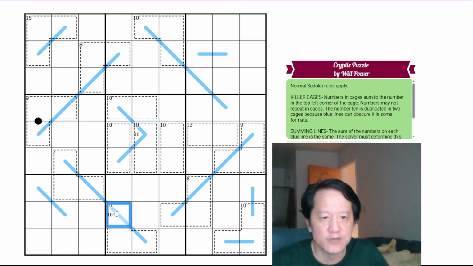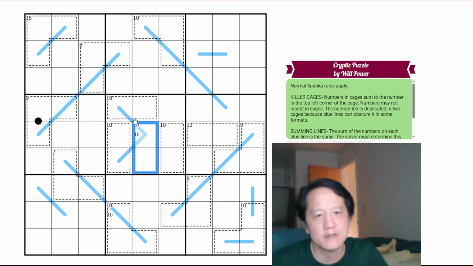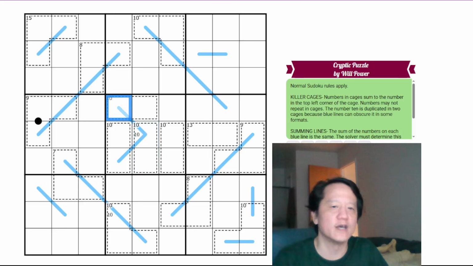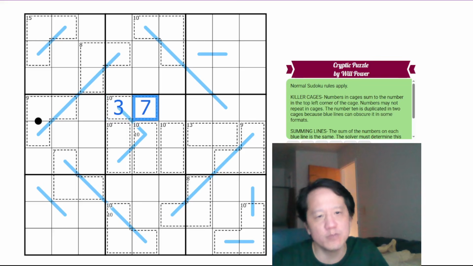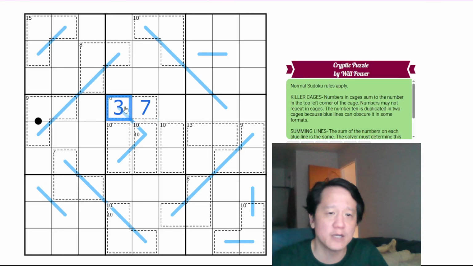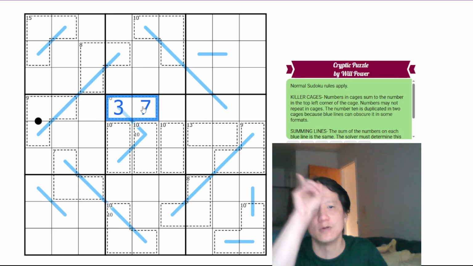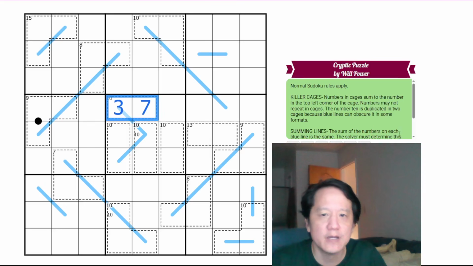So this is given a 10, additional 10, because that might be obscured by the blue line. This is basically just saying that these digits add up to 10. So, for example, if we had a 3 here, this would have to be 7 because these two digits must add up to 10 because they are surrounded by a cage which has a 10 in the upper left-hand corner. And that's an example of how killer cages work.